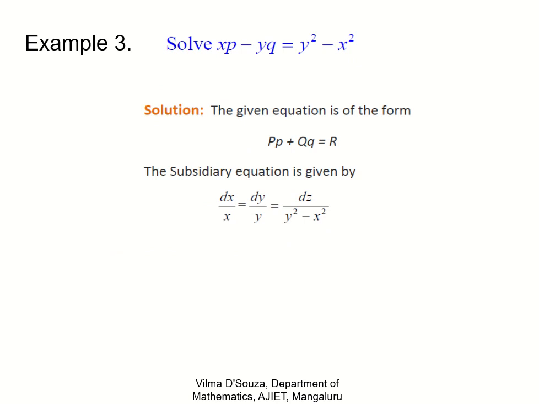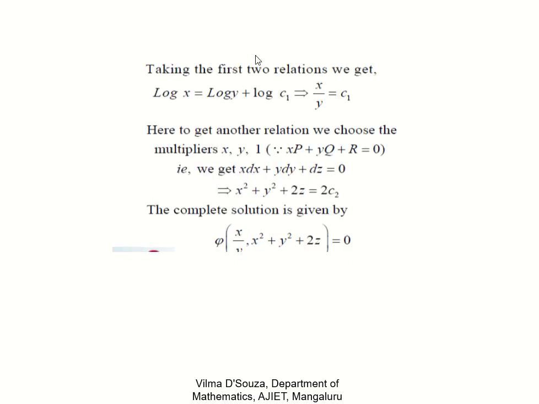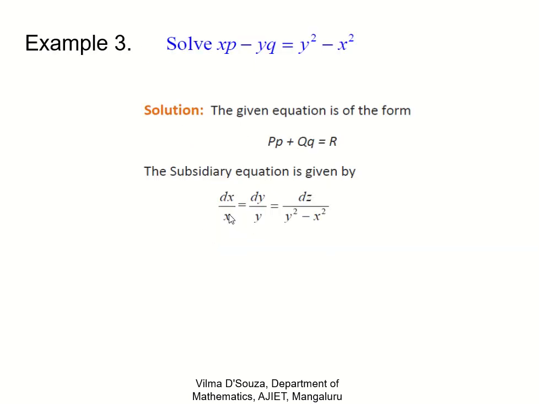Now you can observe, always you need not use the multipliers. The first two equations here are very simple. If you consider the first two equations, dx by x is equal to dy by y, and integrate. What is the integration of dx by x?